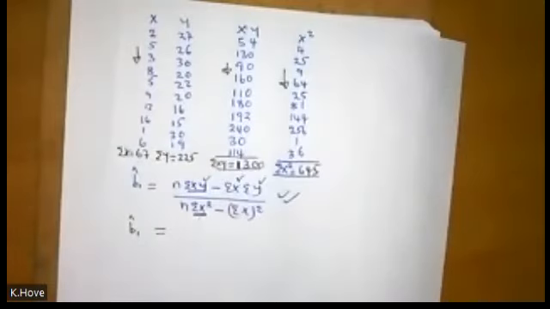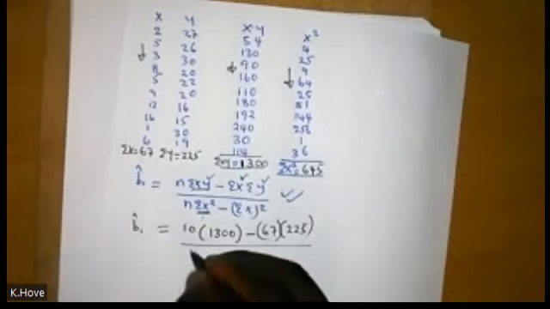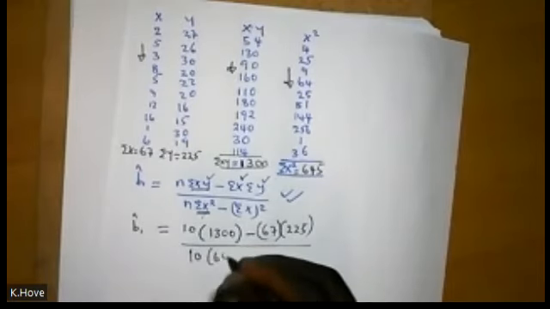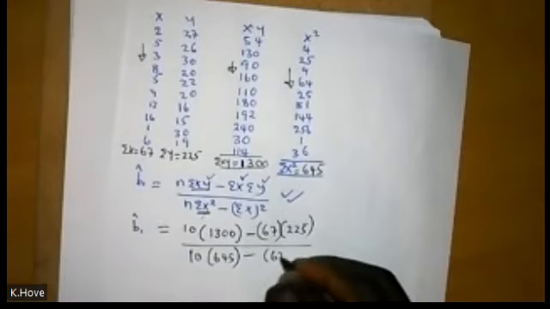So our beta 1 hat will be equal to, what is our n? N is 10. You see, we are looking at the pairs: 1, 2, 3, 4, 5, 6, 7, 8, 9, 10. So we have 10 multiplied by summation of xy, which is 1,300, minus summation of x, which is 67, summation of y, 225, divided by 10 multiplied by summation of x squared, which is 645, minus summation of x squared, which is 67 squared.